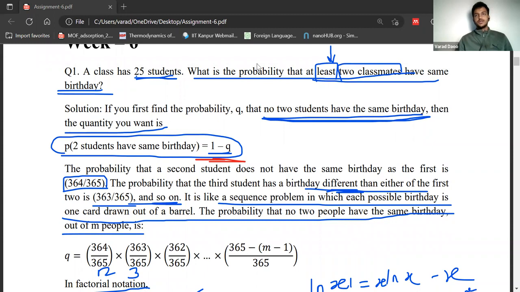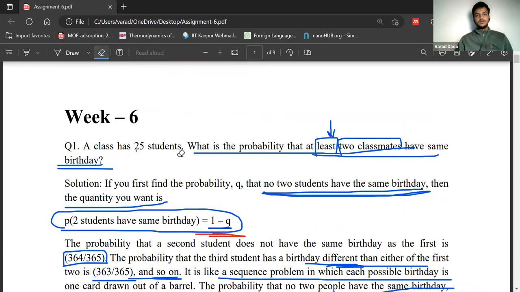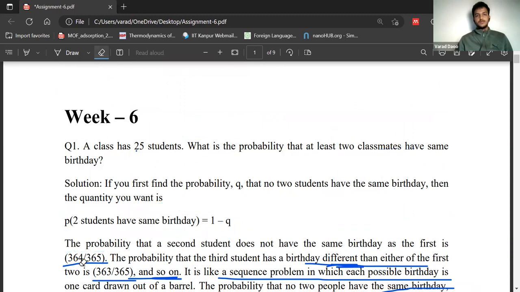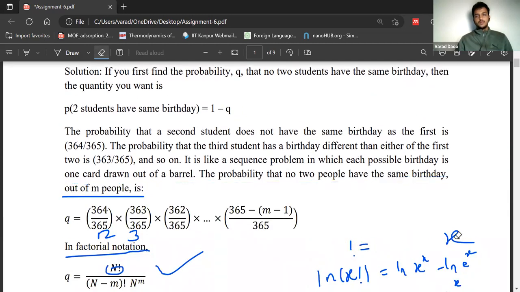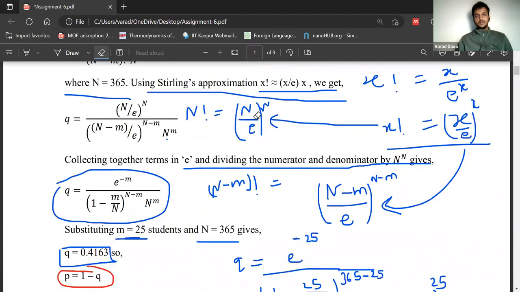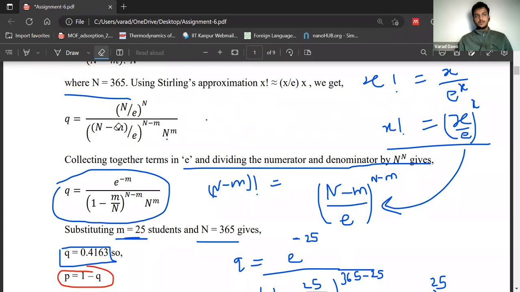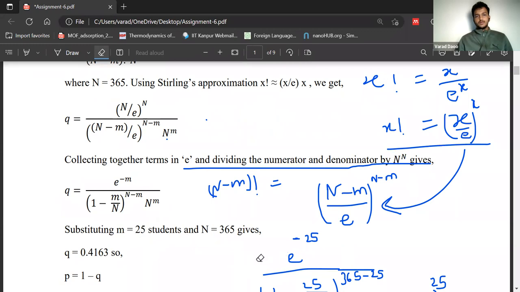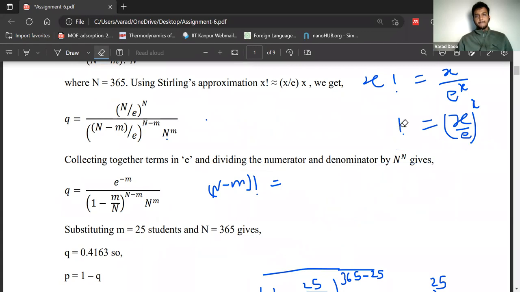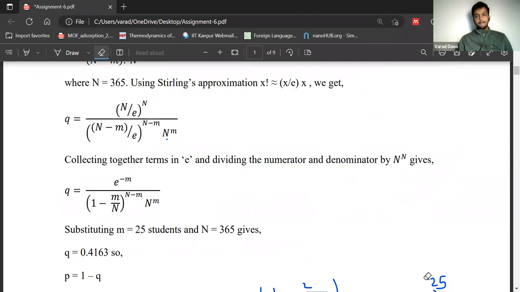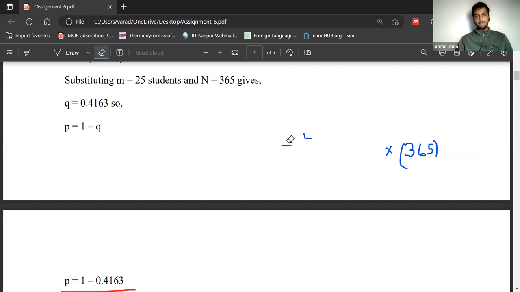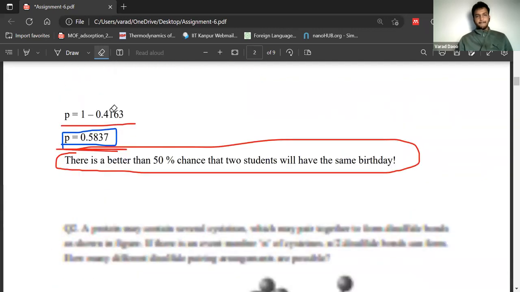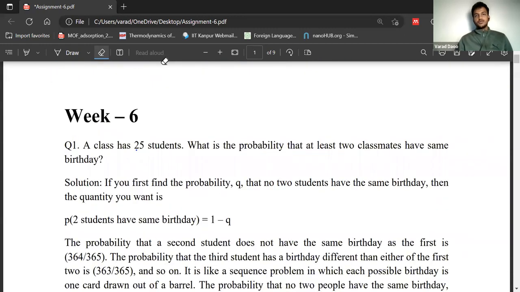Okay, so I will go again on this question. I will again solve this question.